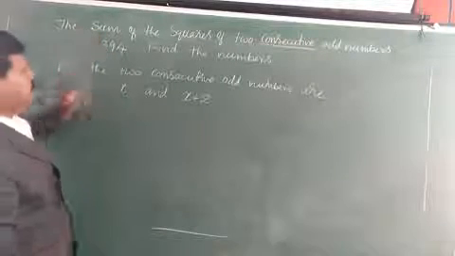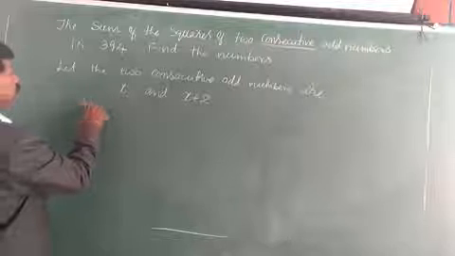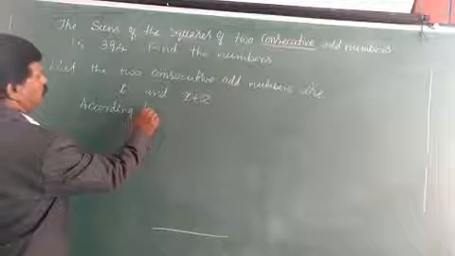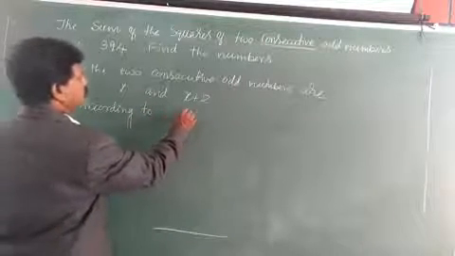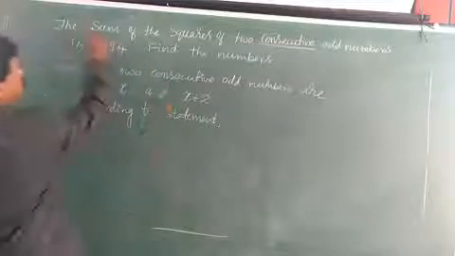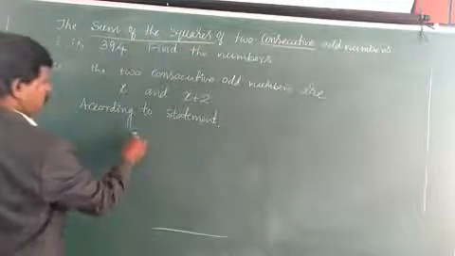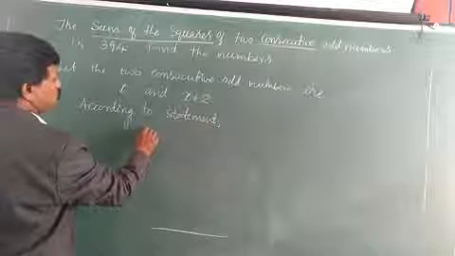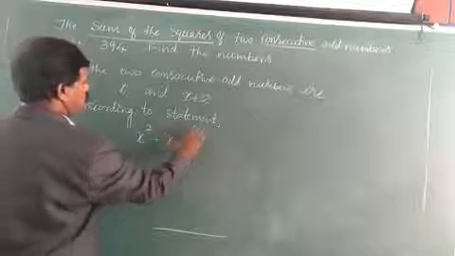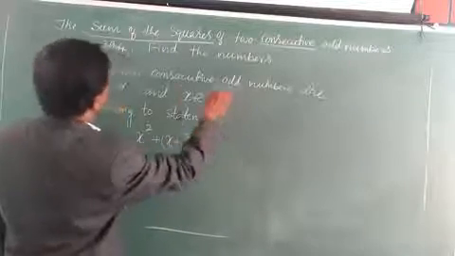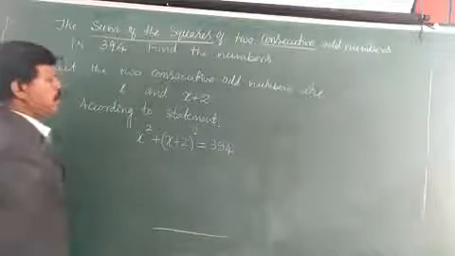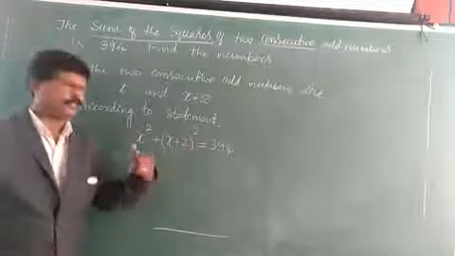Now, according to the statement, the sum of the squares, that means x square plus x plus 2 whole square is equal to 394. Now you got an equation form.